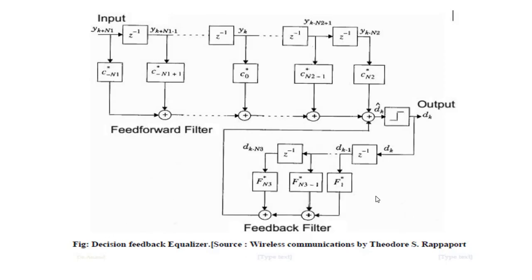This Fi star represents the tap gains present in the feedback filter, and based on the previous decisions and the previous results we got, we can predict the future contents. The output value should be decided based on the previous decisions, and the equalizer will operate that way, and we can obtain the output.